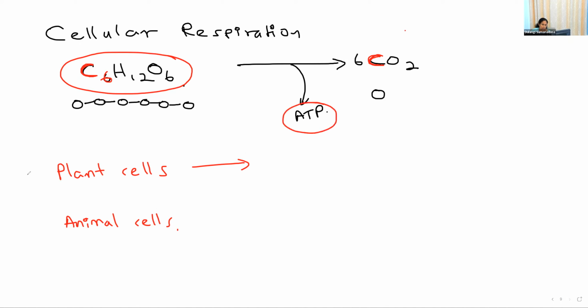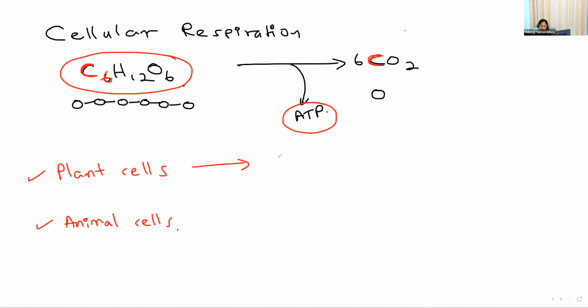Without ATP, plants can't survive, animals can't survive. So that means both of them, not only the animals, plants also must undergo cellular respiration. Plants can stop the photosynthesis, but they can't stop cellular respiration, right? So without respiration, there's no ATP. Without ATP, they can't fulfill their energy needs, they're going to die.